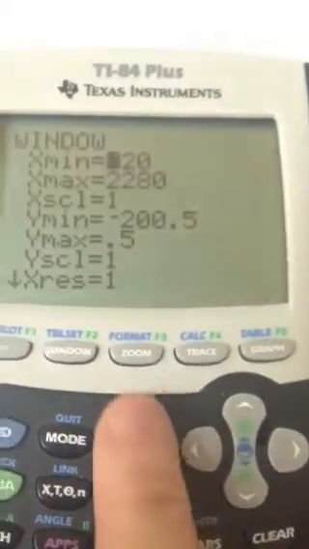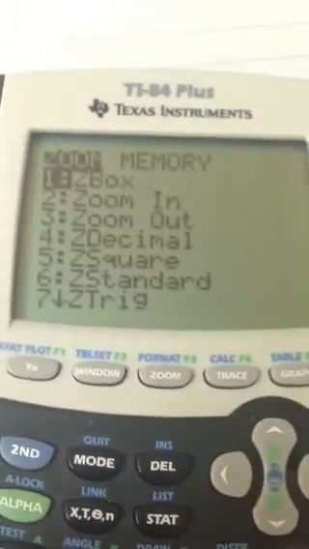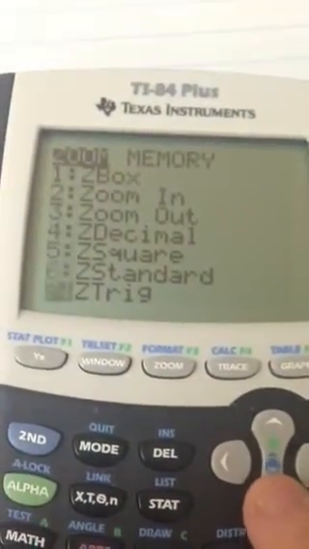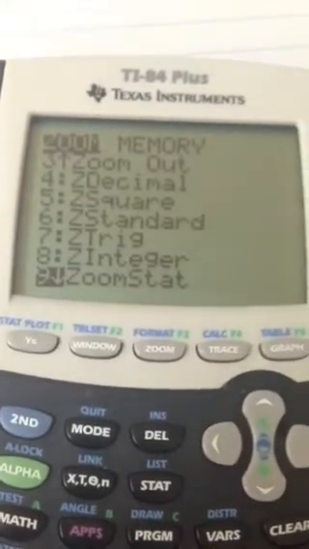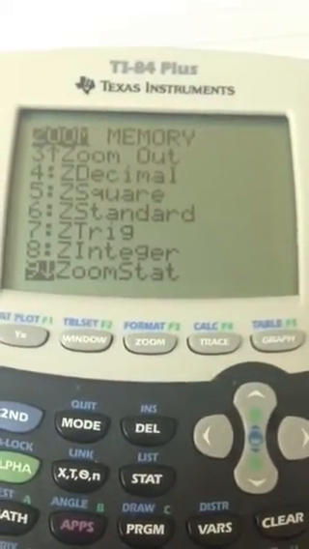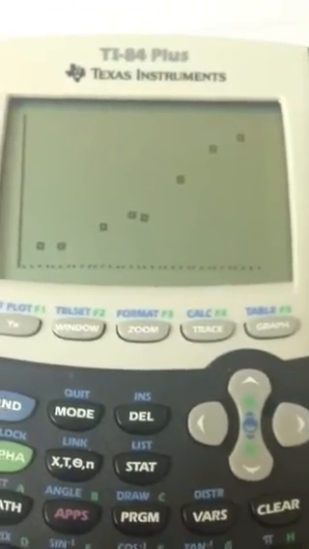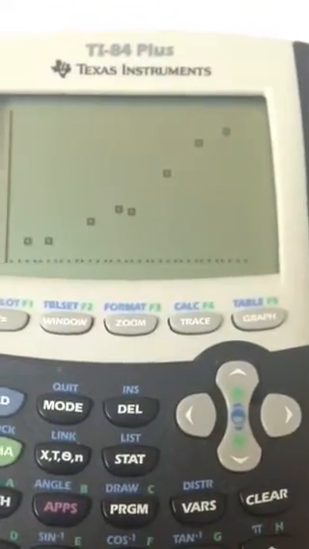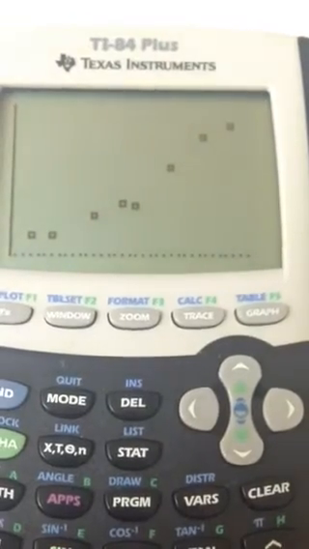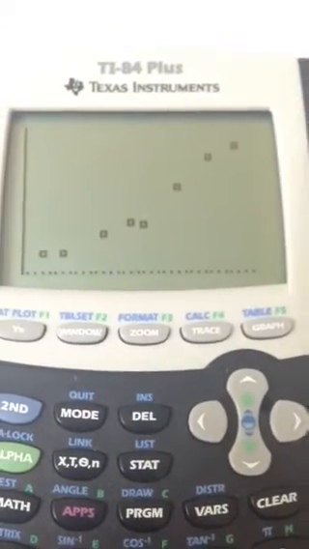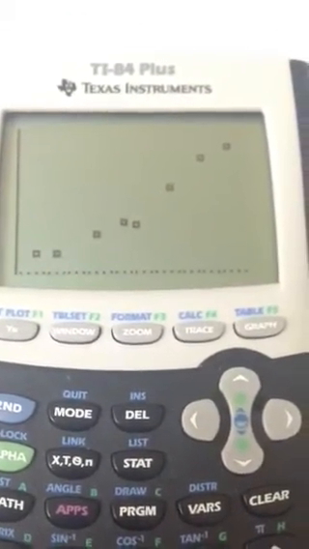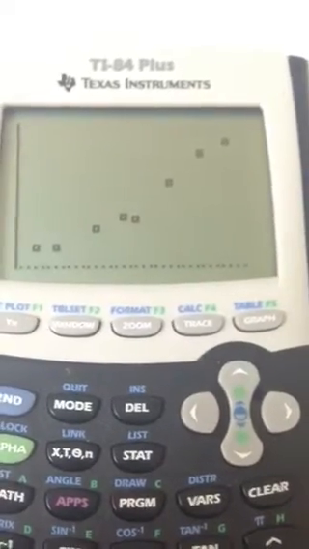If you'll hit zoom at the top and go down to number 9, it's called zoom stat. If you push enter, it will fit the window of your calculator to the data that you have in your lists. Now we all wish that worked for our y equals, but it doesn't. But if you have the information in your list and you push zoom stat, your data should show up.